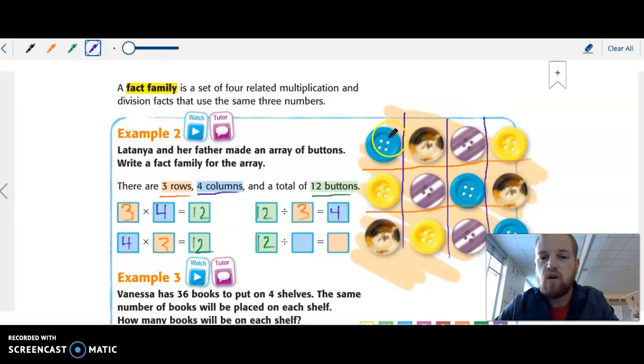And this time I have 1, 2, 3 in each one. So this time I'd break it down by 4 and I'd end up with 3 buttons in each column. So really it just is how we're breaking up these numbers, and you can see this is my fact family that I'm able to create all of these with.